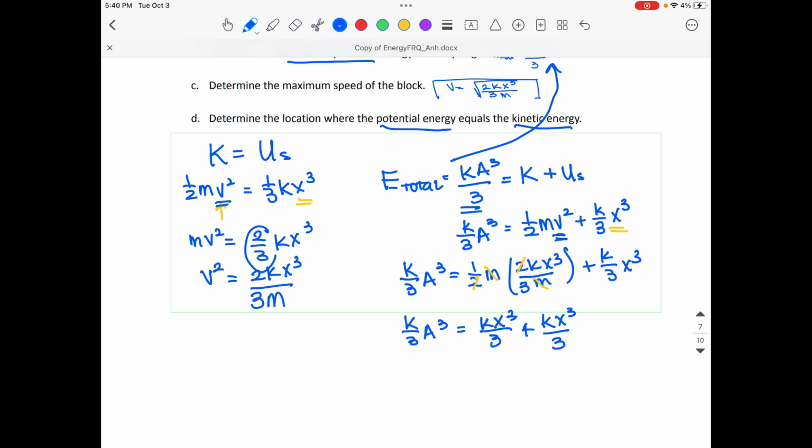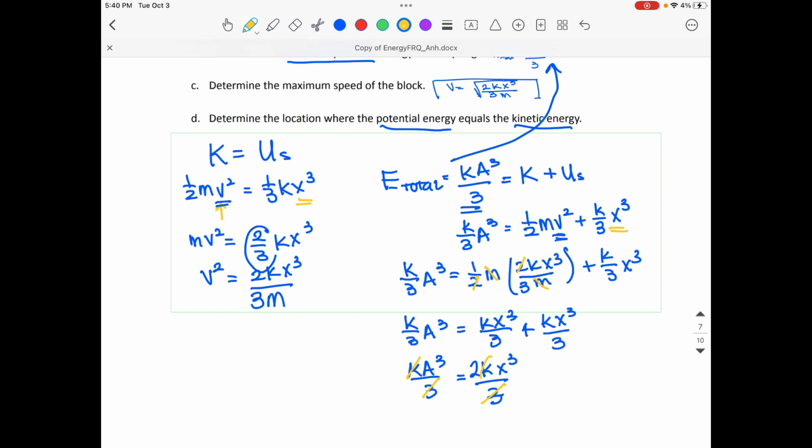I end up with kA cubed over 3 is equal to 3kx cubed over 3. And then I need to solve for x. So first thing I'm going to do, I've got 3's in the denominator. I can multiply both sides by 3. I've got a k, so I can cancel out the k's.